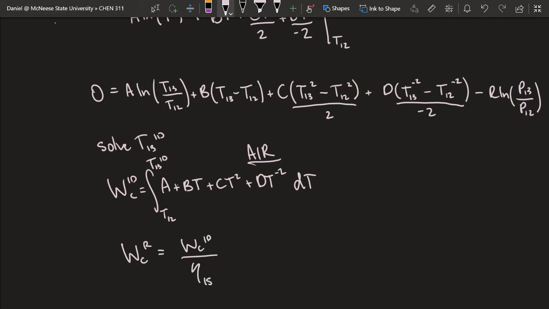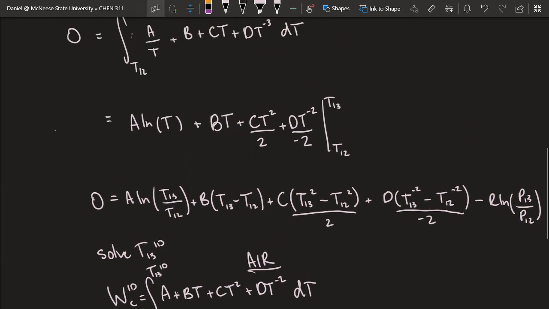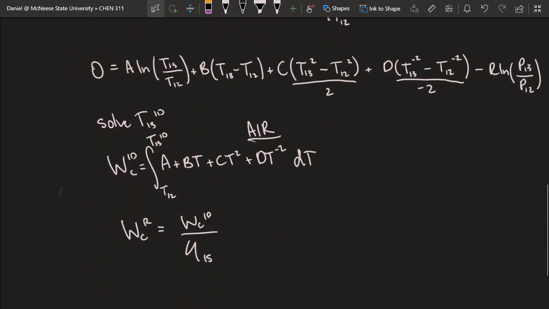I think I told you before to multiply it, but that doesn't make sense since you're adding work and it requires more work to power the compressor than you expected. So dividing it by the isentropic efficiency is the correct thing to do.